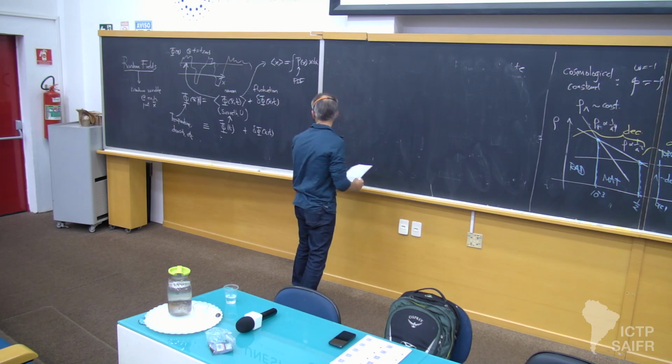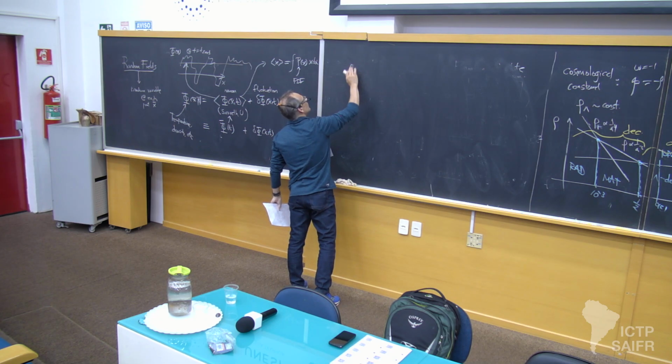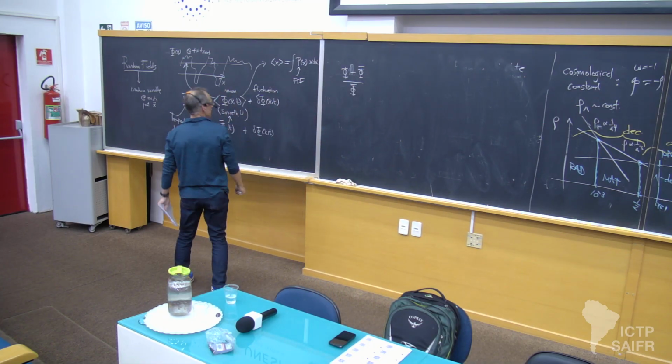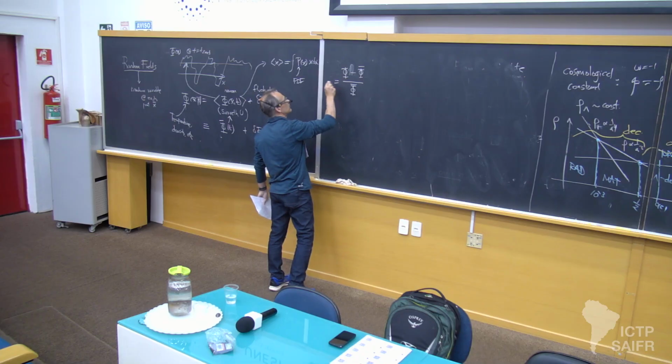We are going to define dimensionless fluctuations delta sub phi.